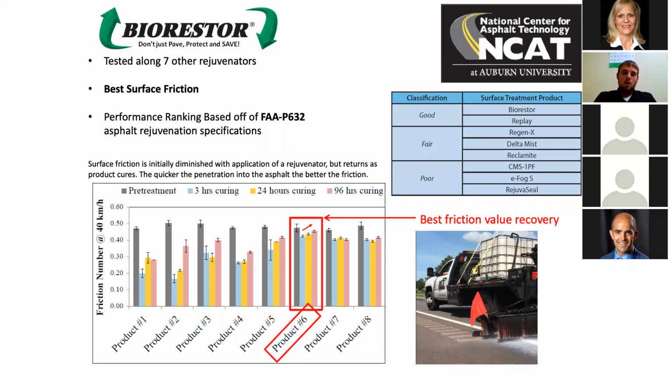The rheological benefits of BioRestore were classified as good in this category. We also like to point out that the friction values in 96 hours return to almost what the initial control section is. We make sure that after our product has been applied, the friction value returns back to its original characteristics.